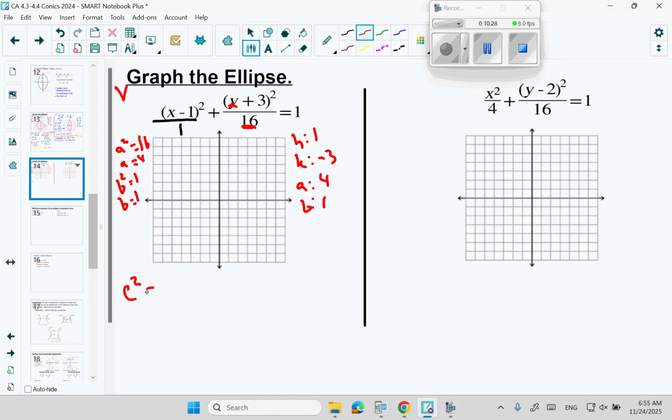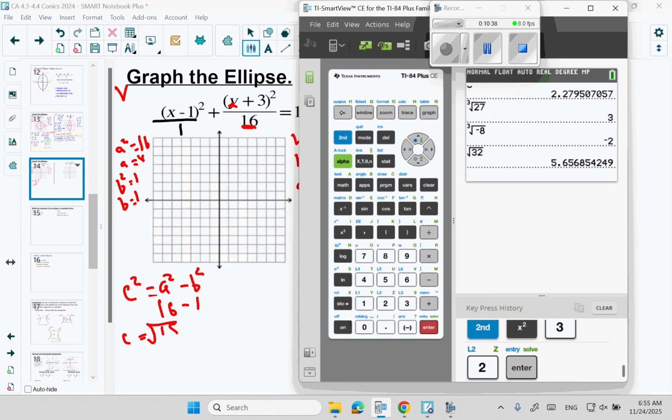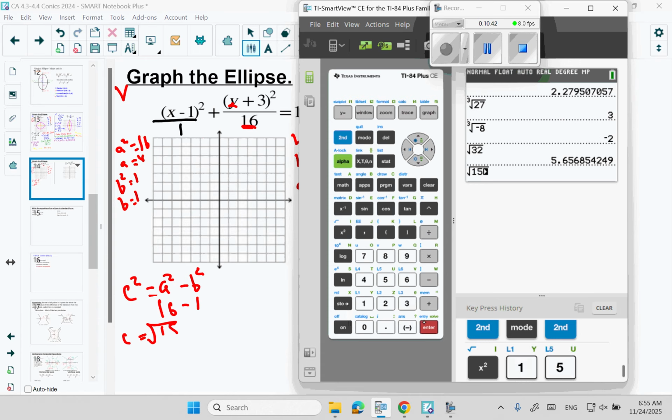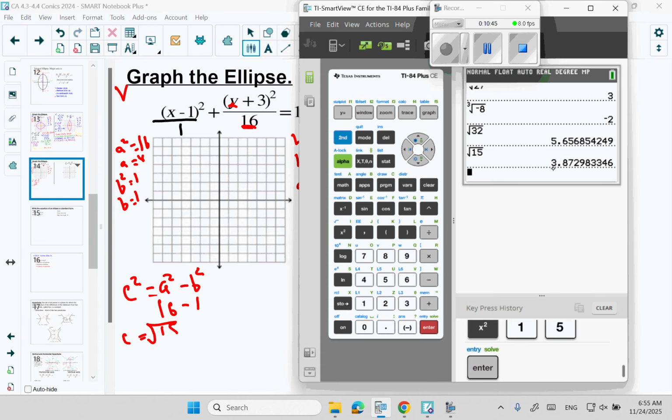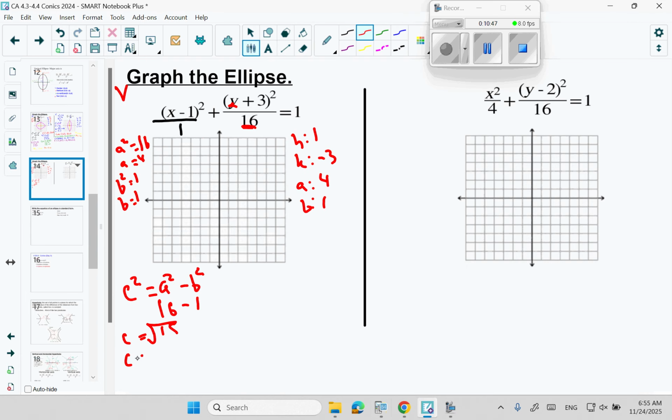And if I find c, 16 minus 1 is 15, so c equals the square root of 15, which is, let's go with 3.9. But from there, it's just fill in the spots.